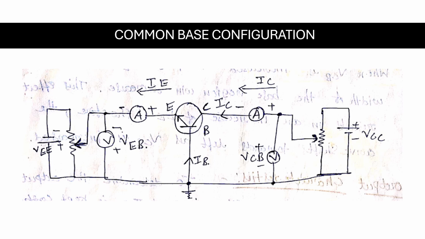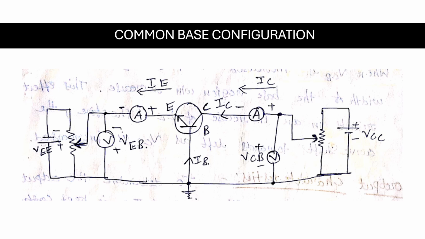To construct the input characteristics, the input graph is the graph drawn between input voltage and input current when output voltage is kept constant. What is the input voltage? VEB is the input voltage and IE is the input current. We will examine how IE varies by varying VEB, keeping VCC constant.